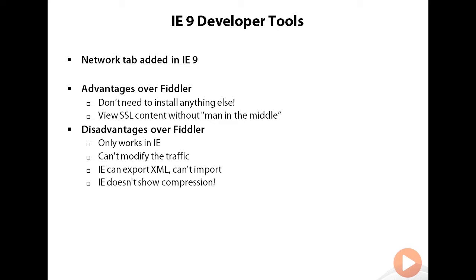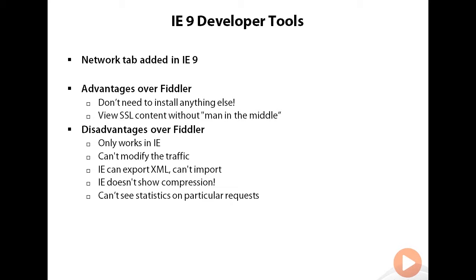IE doesn't show compression, so the network trace will show all of the requests, but because the browser has already done its decompression, you won't be able to see if the content was actually compressed from the web server to you, which is important when you're doing performance evaluations. You also can't easily see statistics on particular requests. In Fiddler, we showed how you can select particular web sessions and go to the statistics tab.